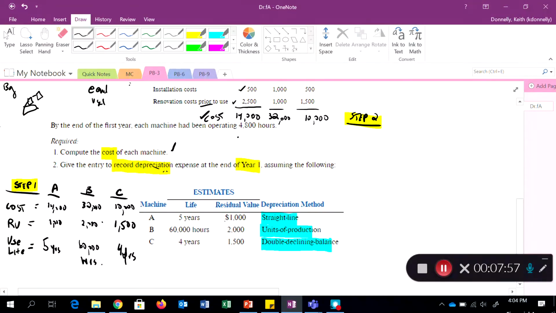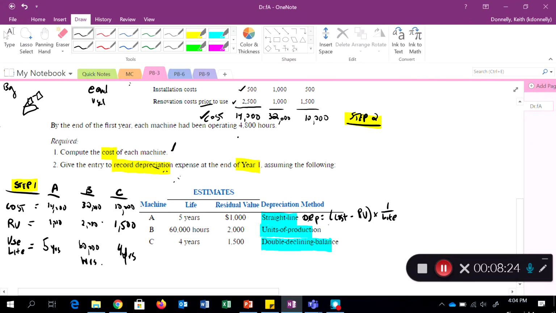So for straight line, we know our depreciation expense equals, how we calculate it each year, is our cost minus our residual value times 1 over the useful life.